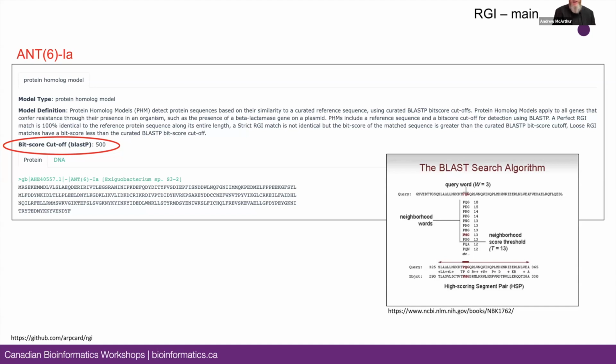We curate that cutoff carefully. If the BLAST score is below that cutoff, it's not similar enough to be a functional variant. Maybe it's a proto-resistance gene that someday we'll need to worry about, but if it's above that cutoff, we predict that it's a functional variant.